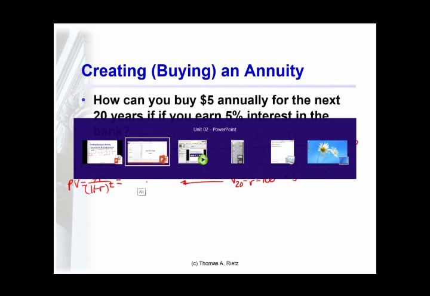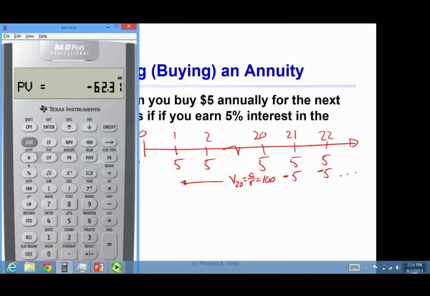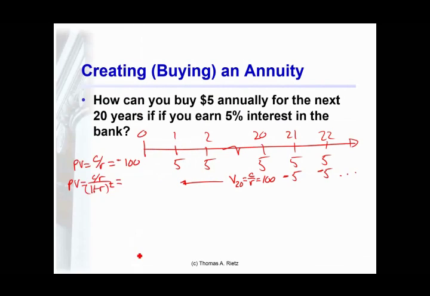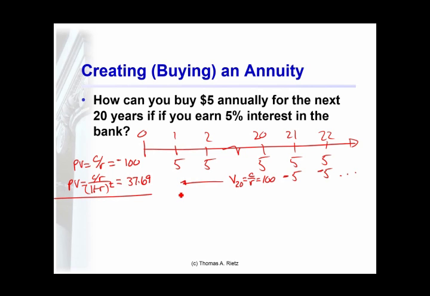Well, I should do that on my calculator, I think. So let's see, I have $100 divided by, in parentheses, 1.05 to the power of 20 equals 37.69. Alright, and if I add these together, what will I get?